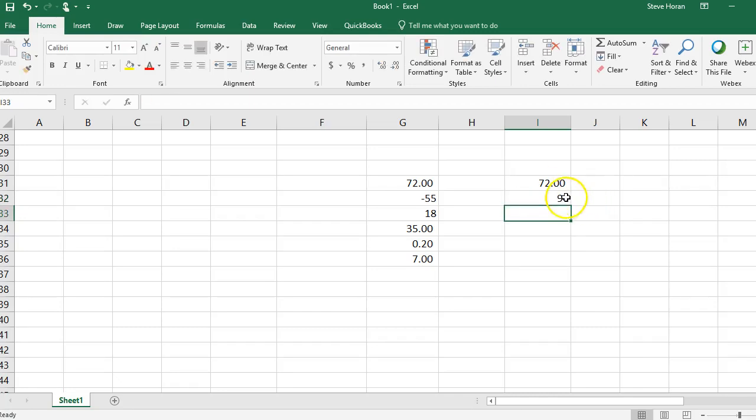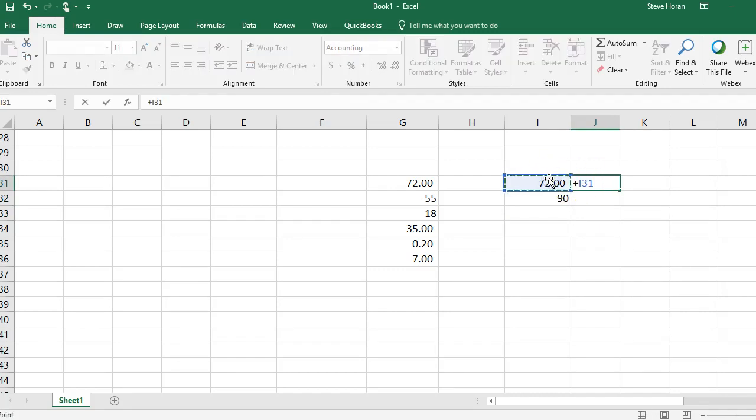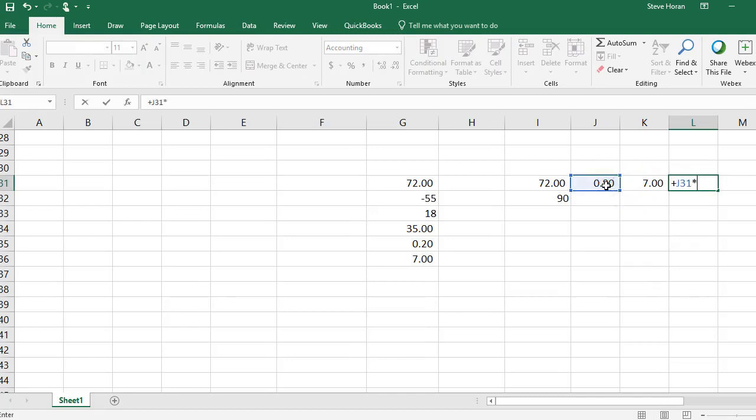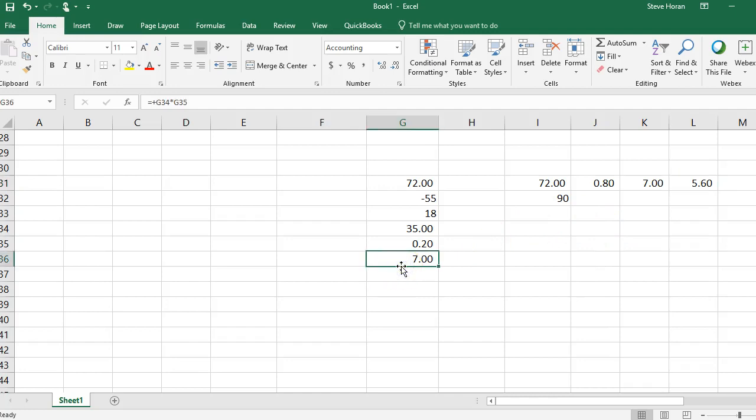Okay, so 72 is the rental income, 18,000 is the exempt income. So I take 72 divided by the 90, the total of both incomes, which is 80%, and then I multiply that by the 7,000. Okay, so I'm going to put in my 7,000 here, and so 80% of 7,000 is 5,600. So what they're allowed to deduct is 5,600. They can make a deduction of 7,000. They can only deduct 5,600 of the contribution, though.